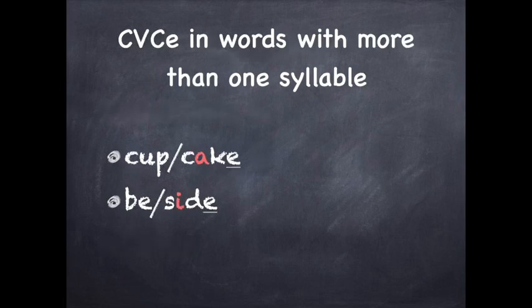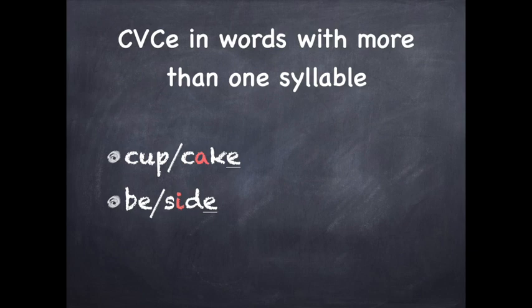So syllables are important to our spelling words this week because we can still have that bossy E in words with more than just 1 syllable. So we are now learning to spell longer words, and those longer words can be broken up within their syllable, and we can look, is there a bossy E pattern that makes the vowel say its name within each chunk? So if you look at cupcake, we can see that we broke it up into 2 syllables.